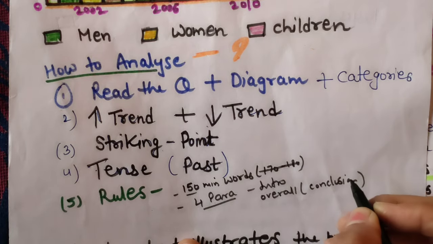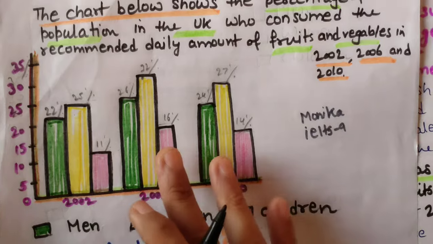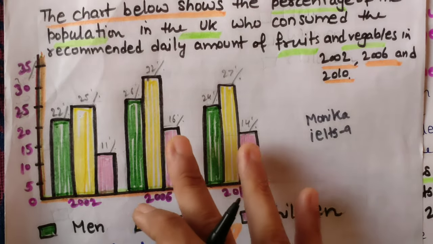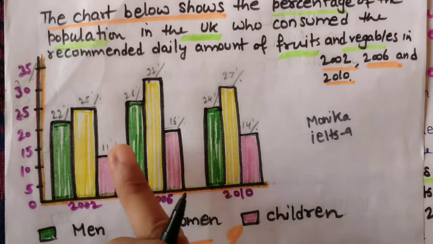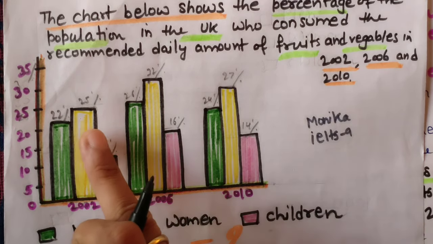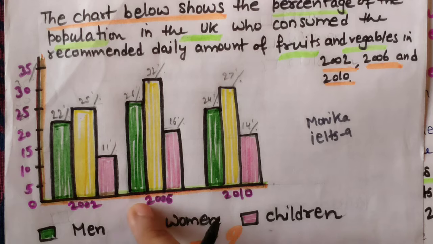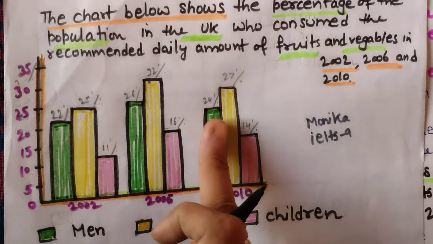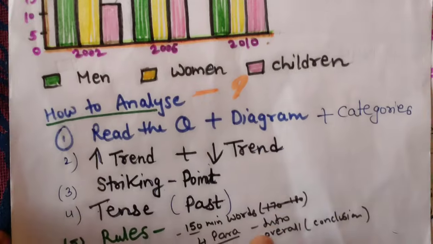write this word. Okay, overall means what your eyes can see, from the overall point of view. Overall I can see children consume less, and overall I can see women among the other members are consuming the highest amount of fruits and vegetables. Okay, these things.